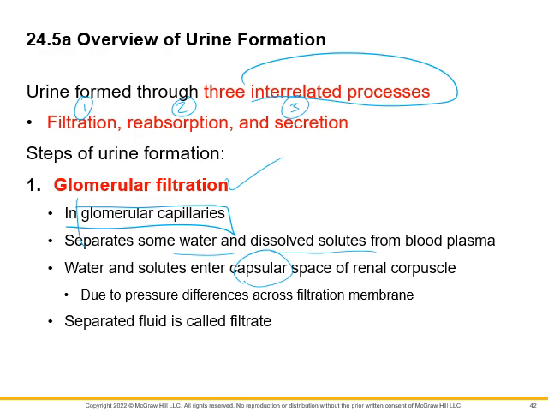They're going to go through the glomerular capillaries into the glomerular capsule. And pressure differences are what's pushing the fluid across the membrane. Once the blood plasma makes it through the glomerular capillaries, it's now called filtrate.